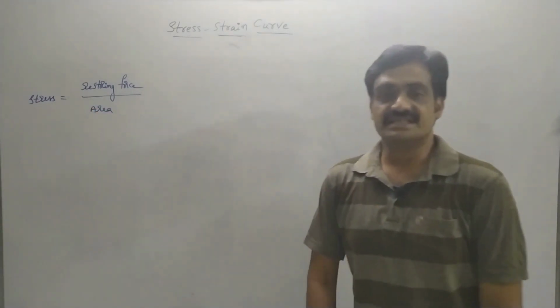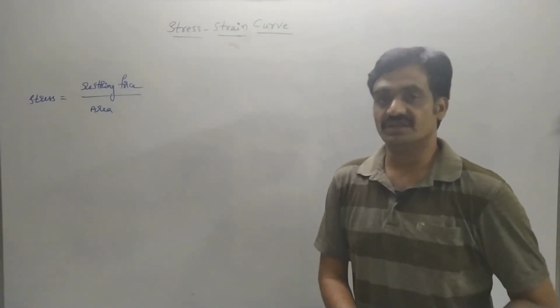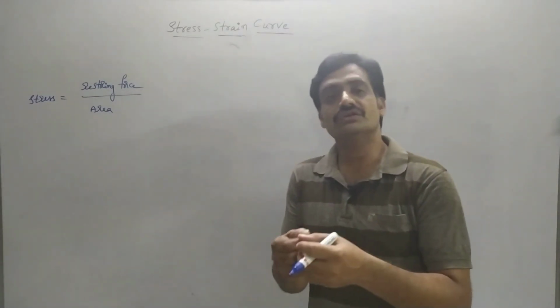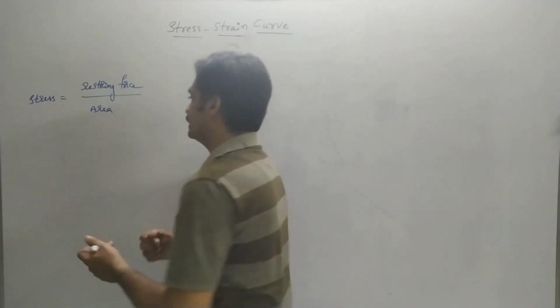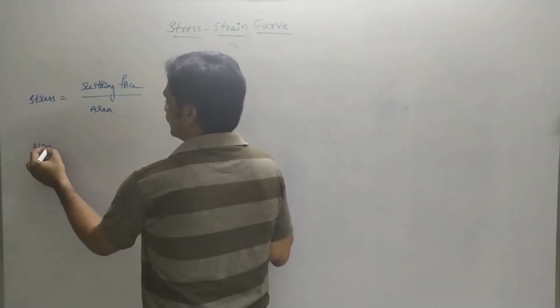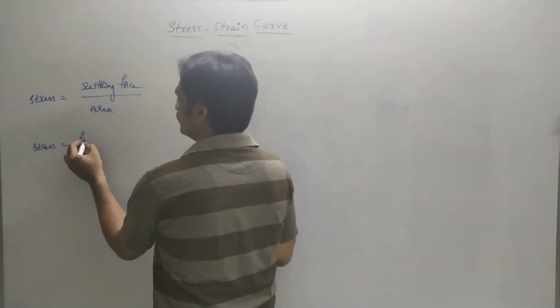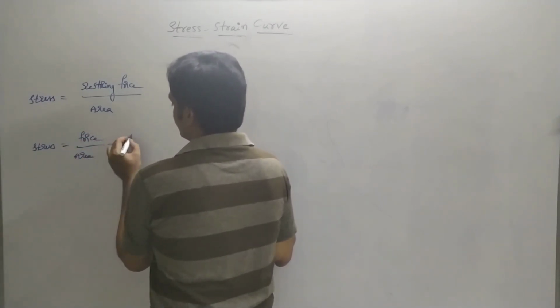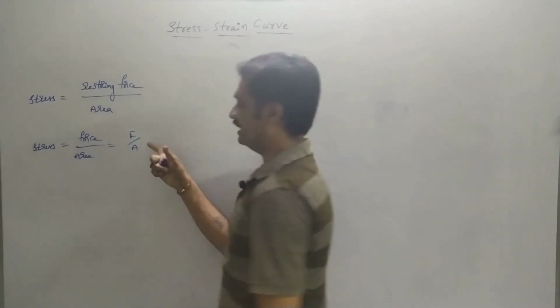We can also represent the stress in terms of a deforming force, which is nothing but the force acted on the body in order to deform its shape. So stress is represented as force acting per unit area, that is, capital F by A.